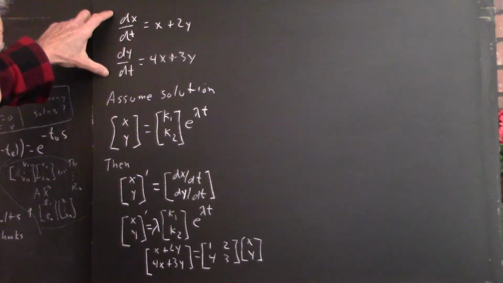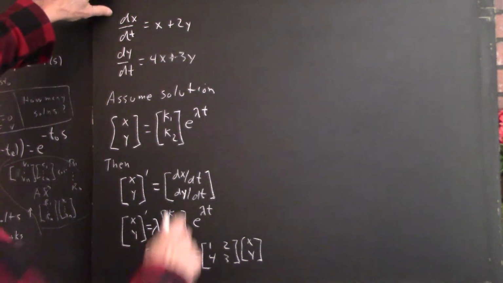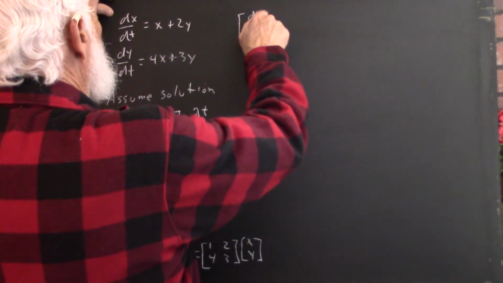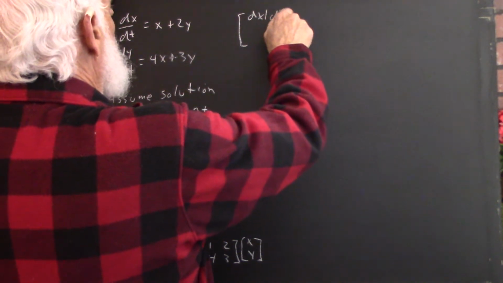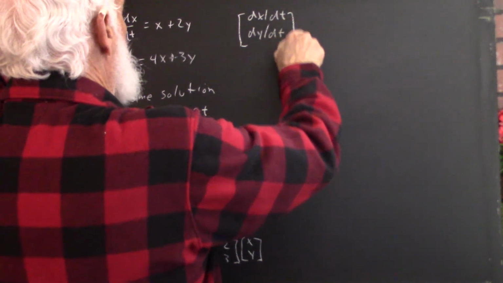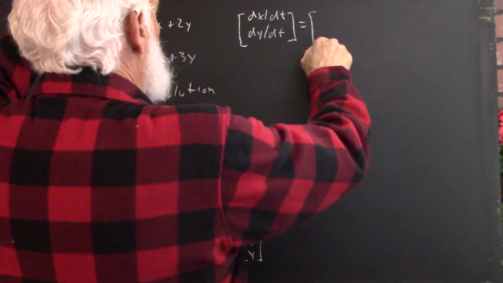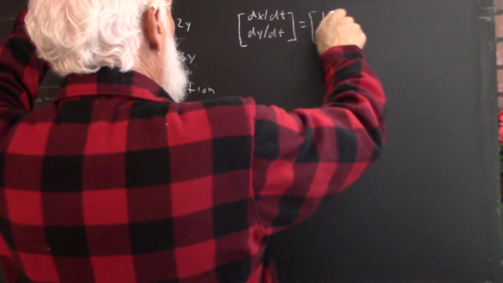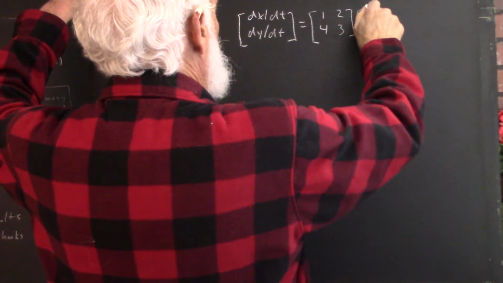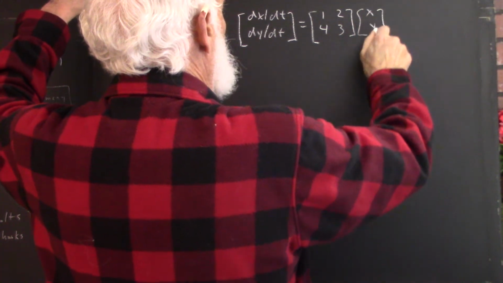Now, our equation then says, well, we can rewrite the equation as dx dt, dy dt equals 1, 2, 4, 3 multiplied by xy.